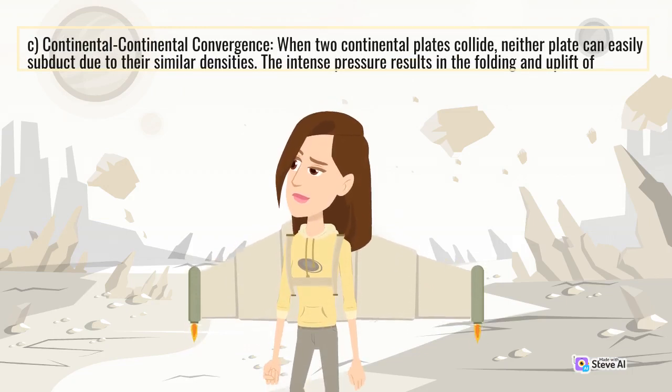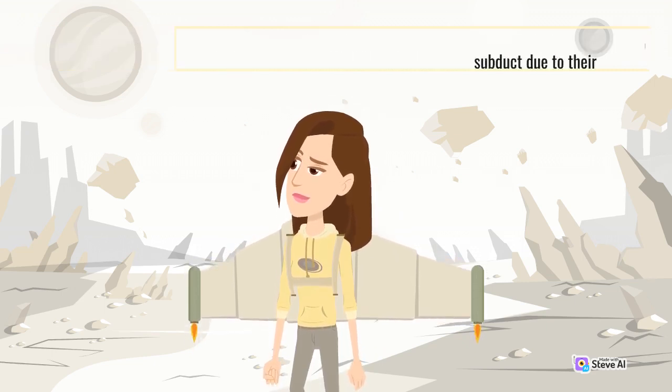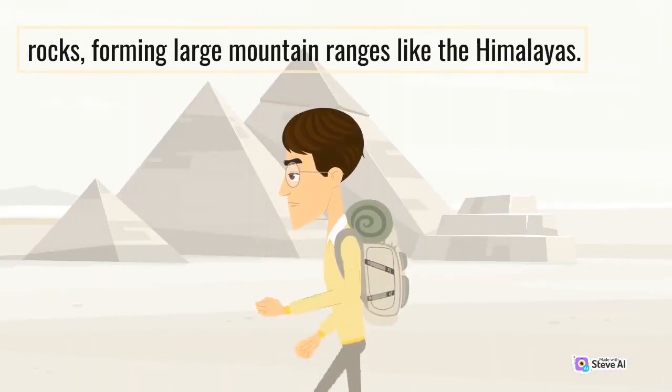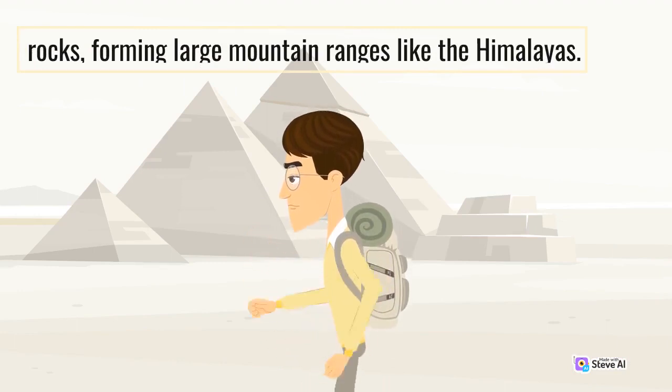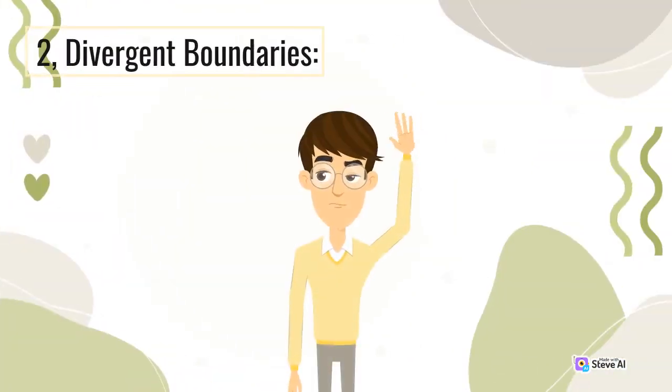Continental-continental convergence. When 2 continental plates collide, neither plate can easily subduct due to their similar densities. The intense pressure results in the folding and uplift of rocks, forming large mountain ranges like the Himalayas. 2. Divergent boundaries.